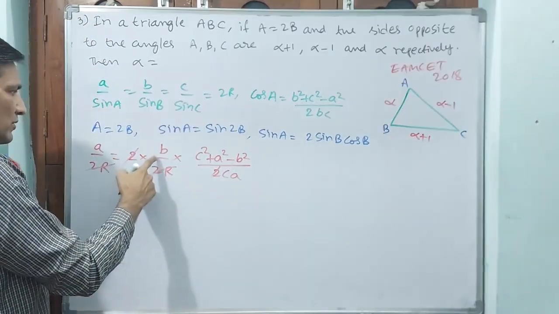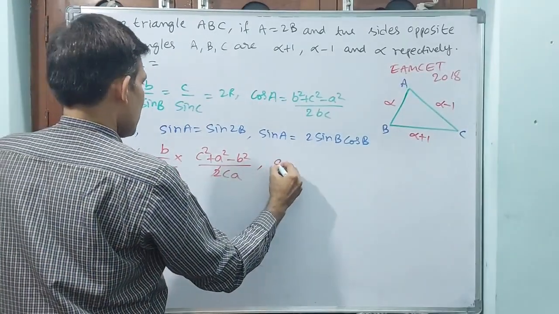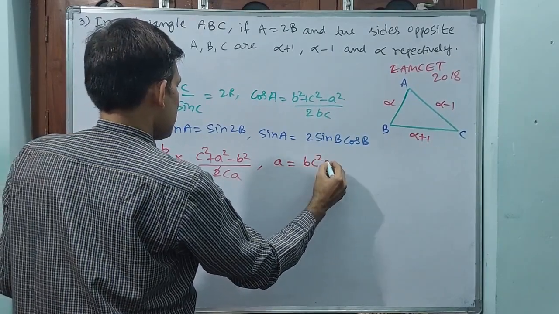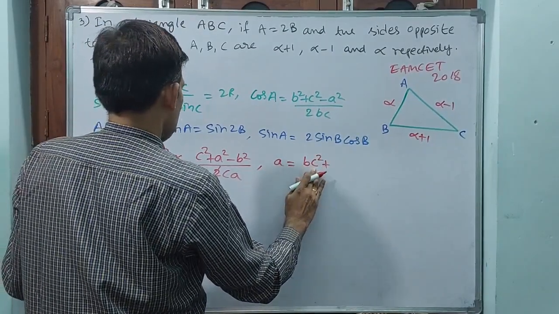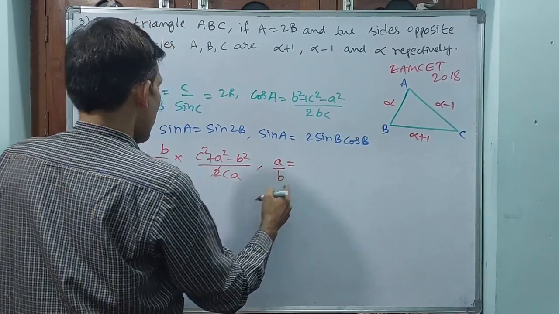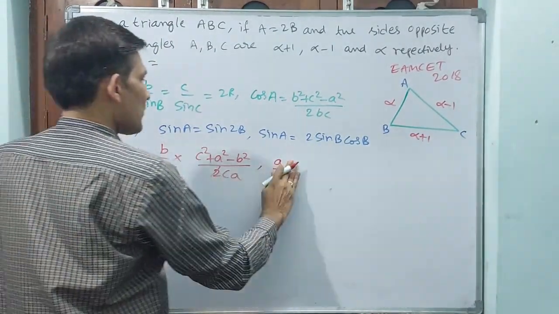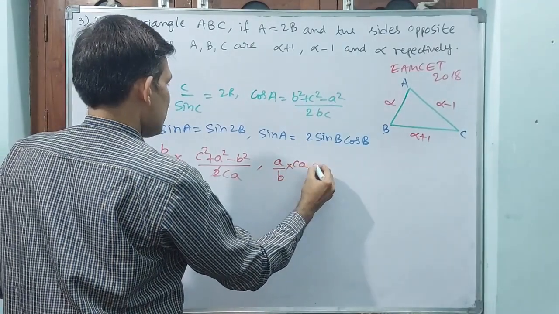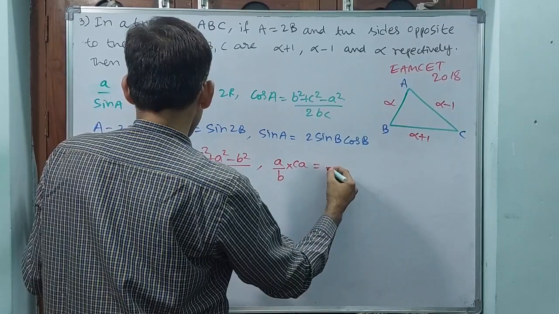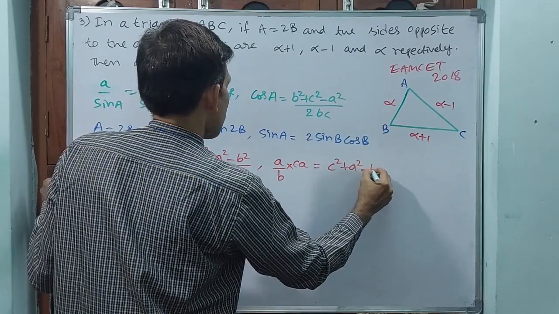Let me write first, a/b into ca is equal to c² + a² − b².